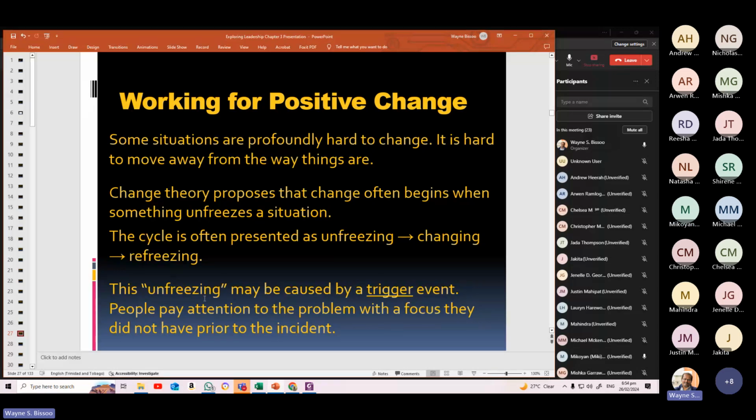There must be some motivating factor or event that really creates it. So, for example, in Costa, we made a massive switch at the beginning of the pandemic. The trigger event being the lockdown of the country because of the pandemic. If we didn't make the change, Costa would not exist today.